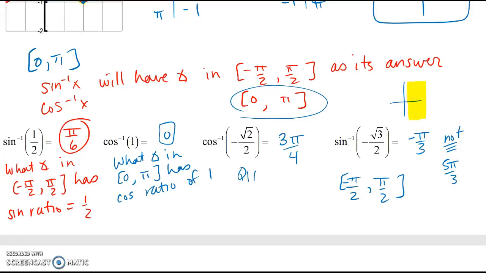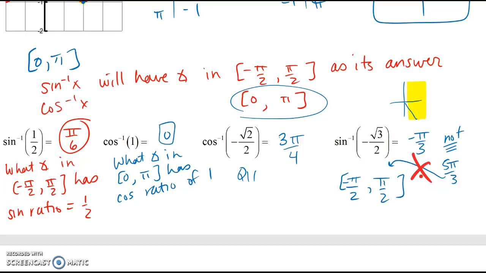And then they'll say, oh, okay, so then it's going to be this angle right here, therefore it's 5 pi thirds. Well, the problem with that is that 5 pi thirds mathematically does not fit in that interval of -pi halves to pi halves. It's not in that list of numbers. And that's why we have to find the equivalent angle that is in that list of numbers. And -pi thirds is mathematically in between -pi halves and pi halves.